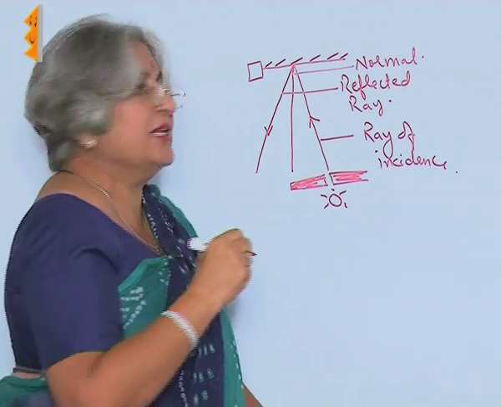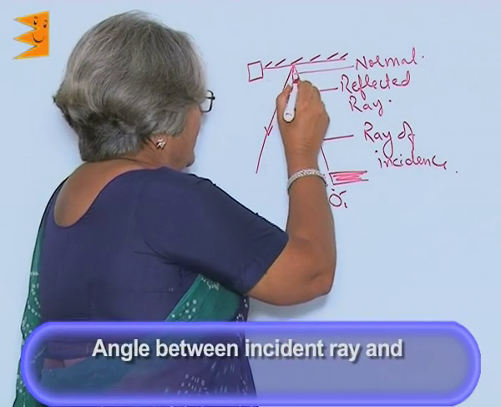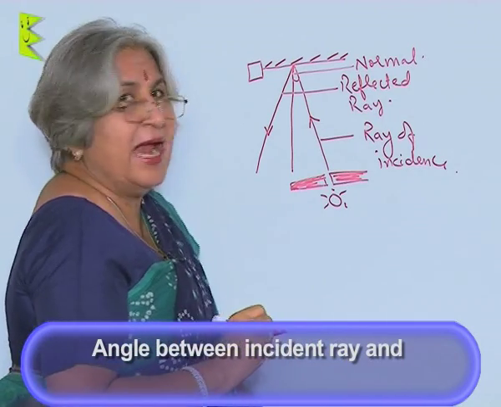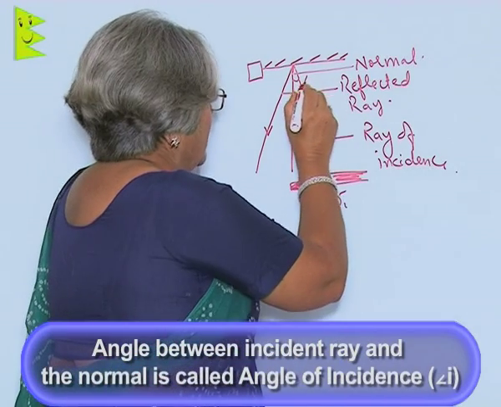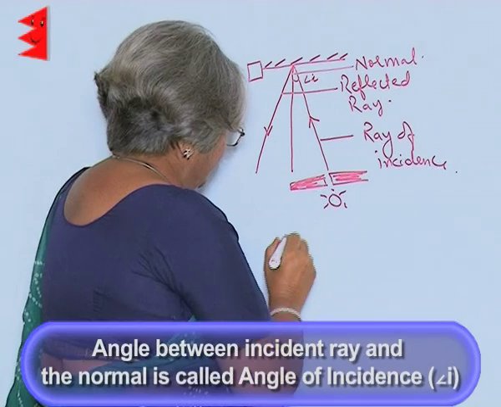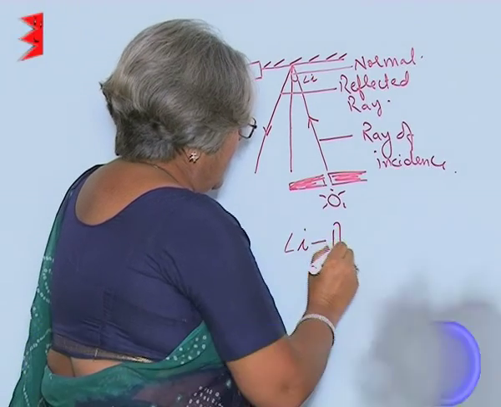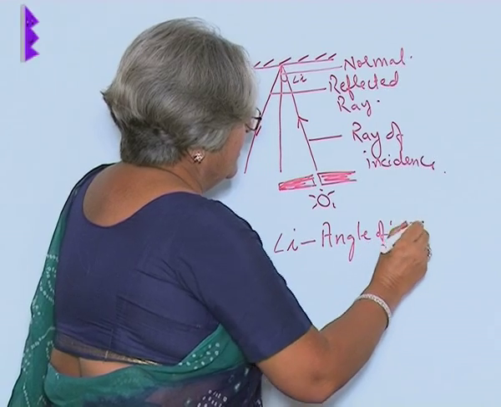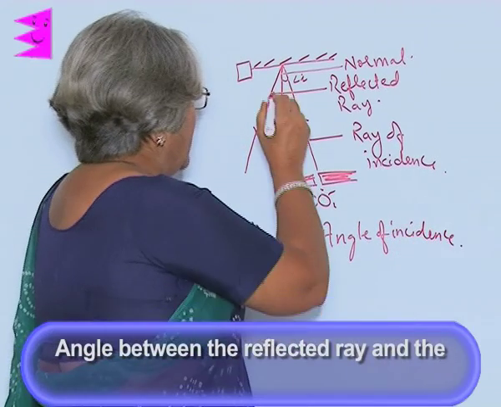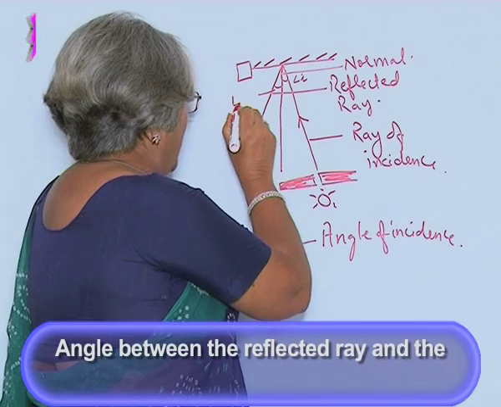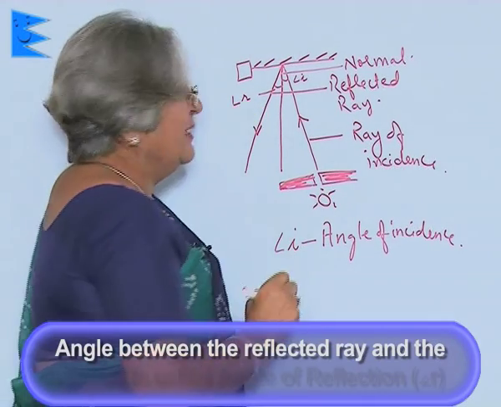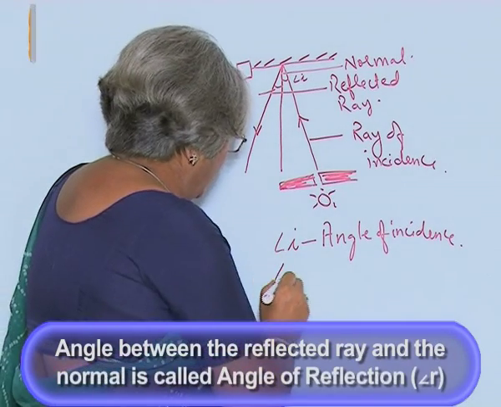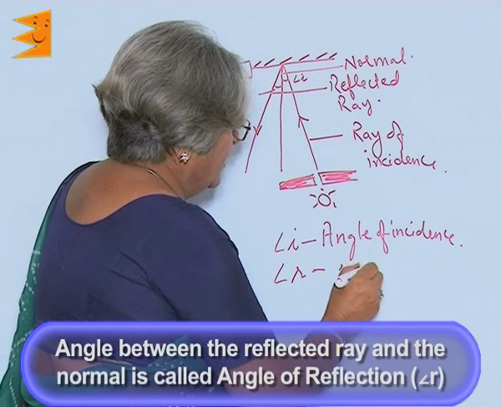Another important feature is the angle between the incident ray and the normal is called angle of incidence, and the angle between the reflected ray and the normal is called angle of reflection.